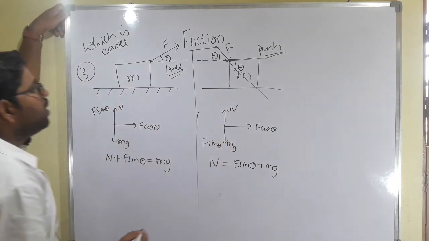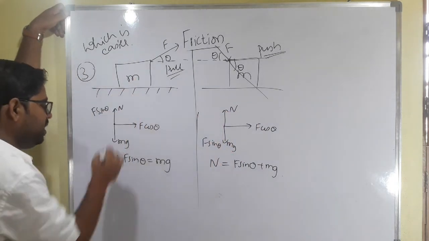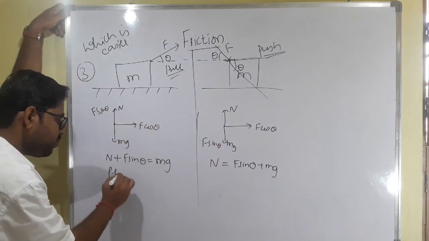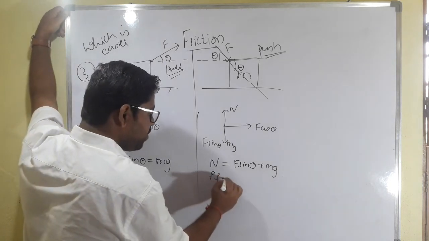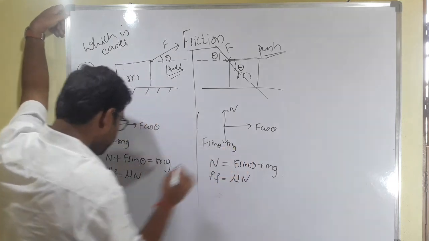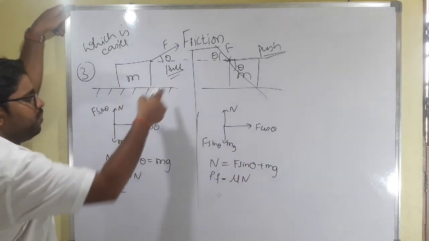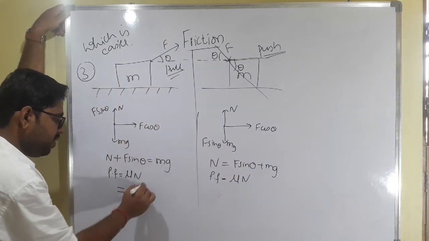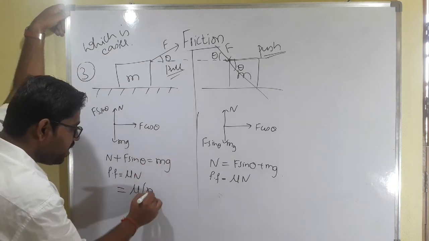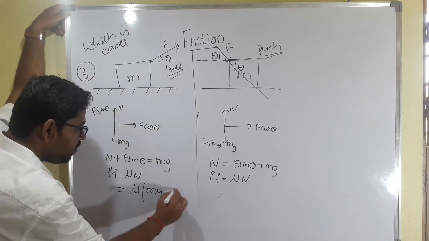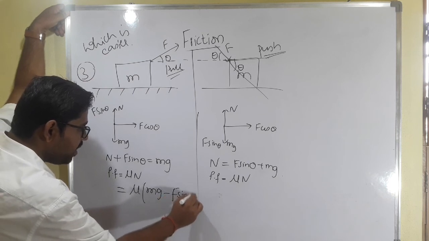Now what is the frictional force acting here? Frictional force is equal to mu into N. What is the frictional force acting in the other case? It is the same, mu into N. Since the same bodies are in contact, the same mu will be there. Normal reaction in the first case is mg minus F sin theta.